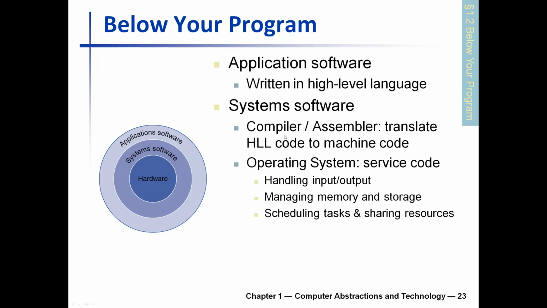Then yeah, the compiler, assembler plus linker, that chain of tools will let you translate your high-level code into machine code. Then other than that, you have the operating system. These are like service software. Why do you have them? Because we don't trust application level software, right?